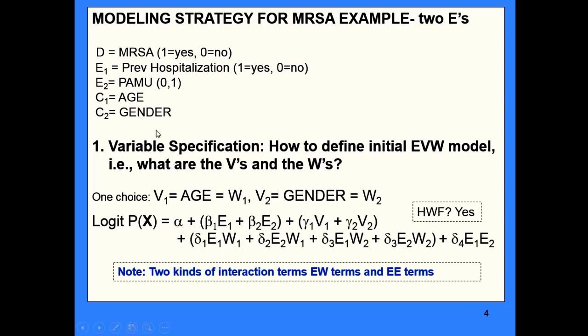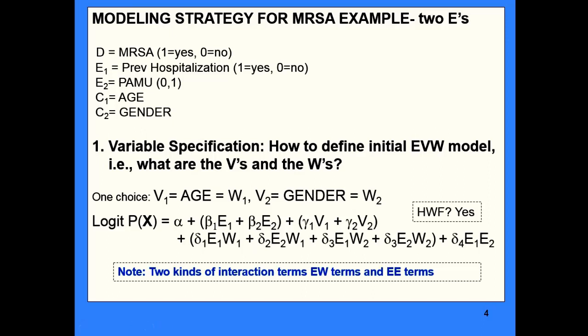And then there were two control variables, age and gender. And I said, suppose at the first stage, the variable specification stage, this was our starting model.